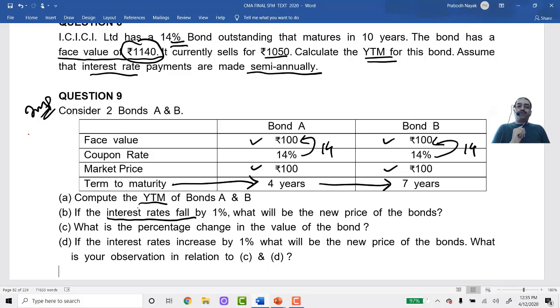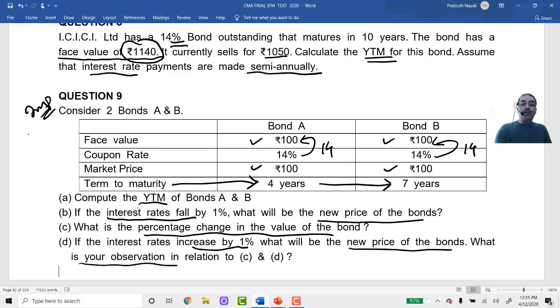What we have got to do? Interest rates fall by 1%. So YTM from 14% will come down to 13%. What is the new price of the bond? So value of the bond has to be calculated. What is the percentage change in the price of the bond? If the interest rates increase by 1%, then what will be the new price of the bonds? What is your observation?